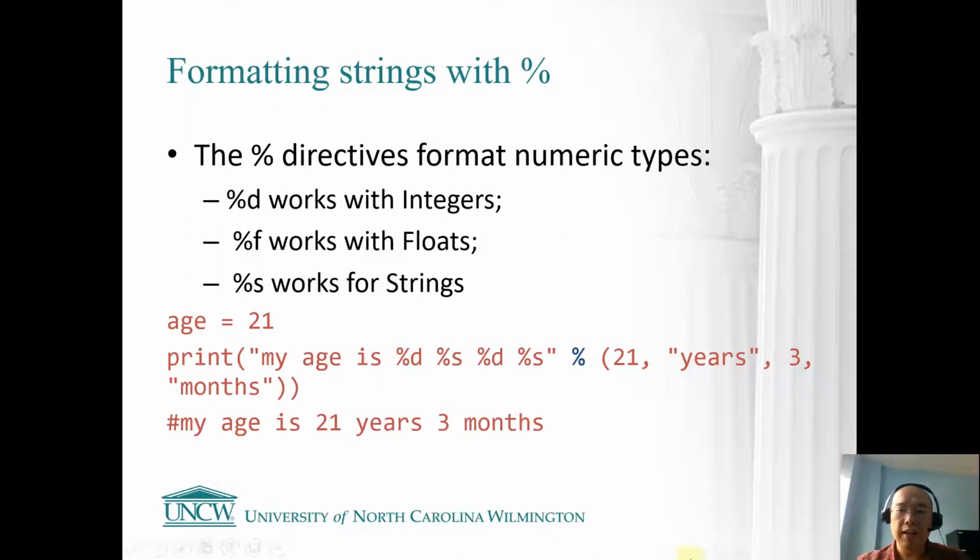They are 21 as an integer, years as a string, 3 as an integer, months as a string. So 4 placeholders and 4 values, and later they are going to backfill into the right places. This is the first way of doing the formatting with the % sign.